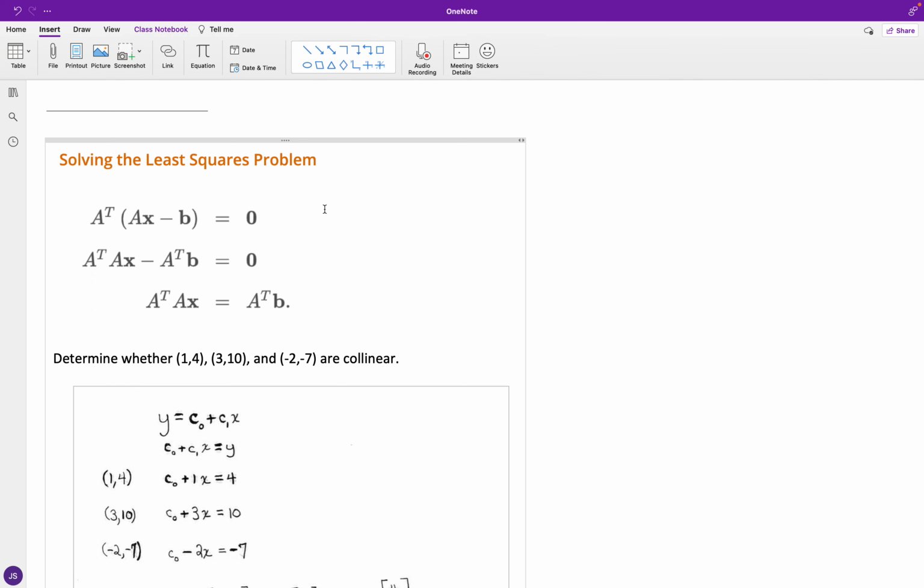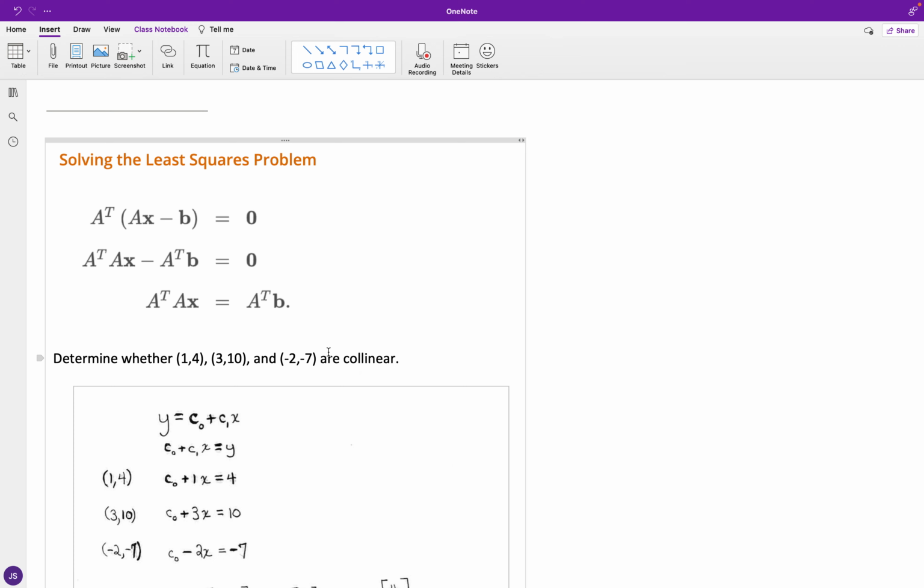Upon distributing, we have the transpose of A times AX minus the transpose of A times B is equal to 0. And then we can set up a one-to-one relation where the product of the transpose of A and AX is equal to the product of the transpose of A times B, again B being the matrix consisting of the y values.